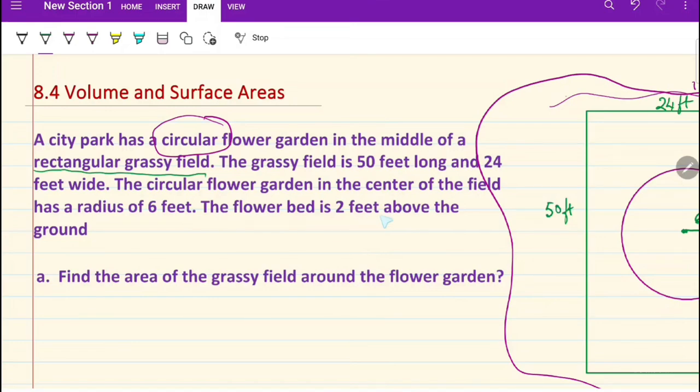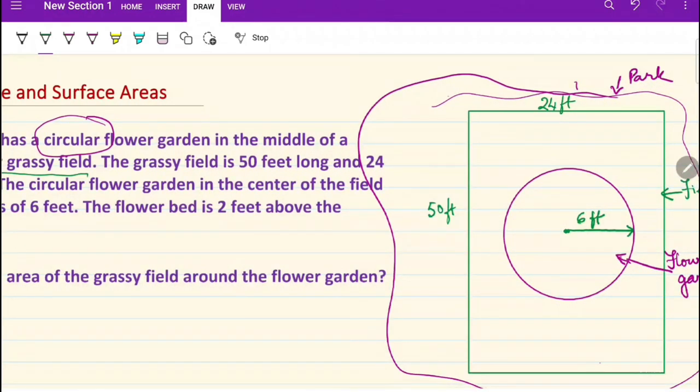And then there's another piece of information. It says the flower bed is 2 feet above the ground. So it is a raised garden, so to speak. So there is a height associated to the circular flower garden or the flower bed. And whenever we add height to any circular figure, it becomes what's called a cylinder, a cylindrical shape.